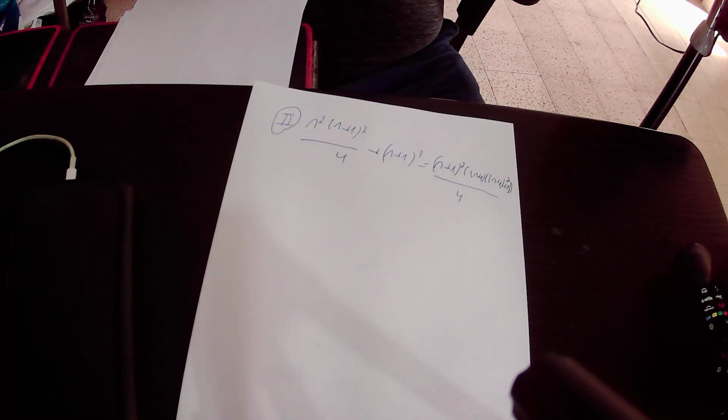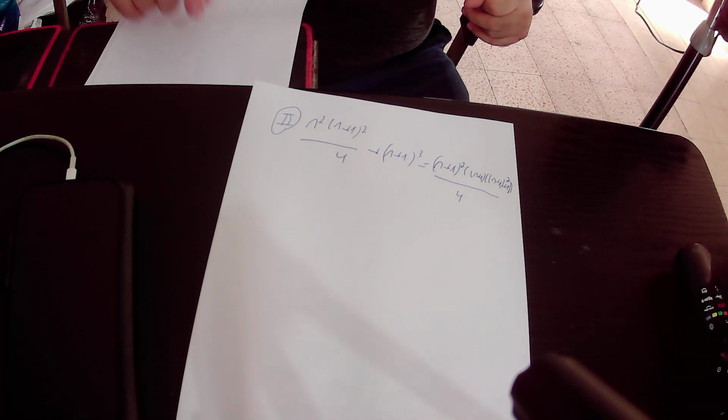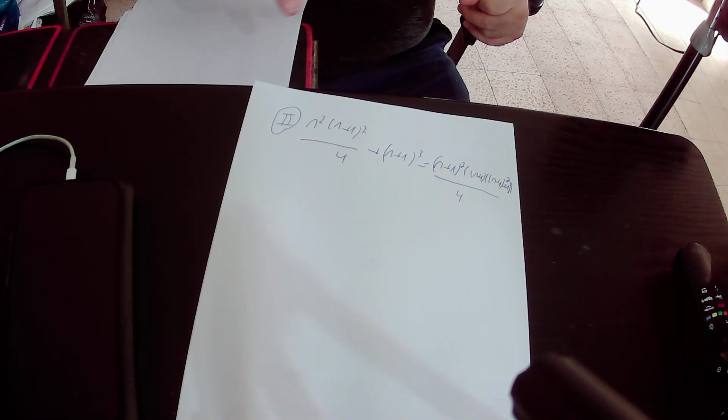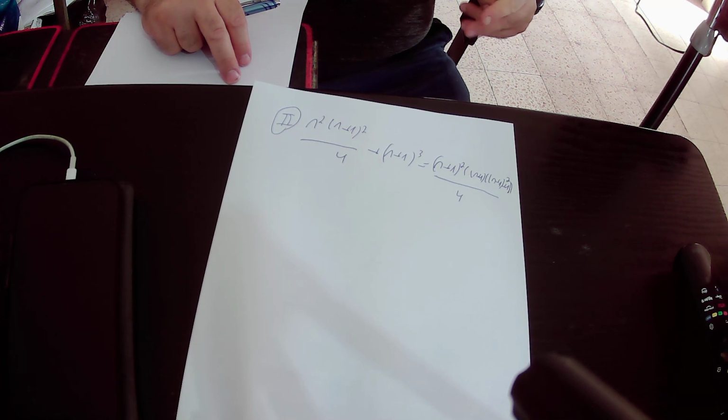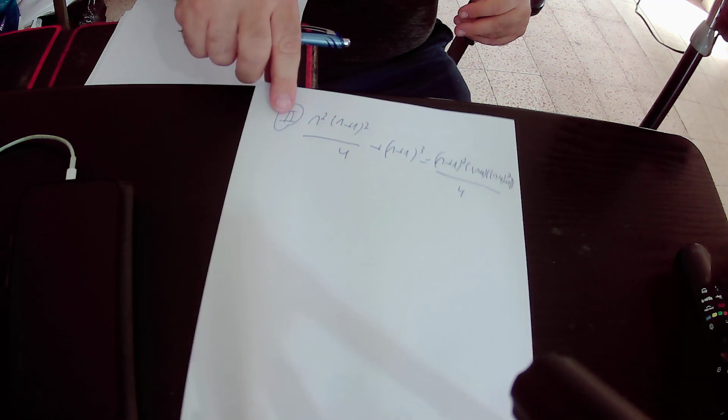Okay? We can divide the two sides of expression 2 by n plus 1 squared. It can never be 0 because n is a natural number, so we can divide the two sides of this expression by n plus 1 squared. So we will do it now.